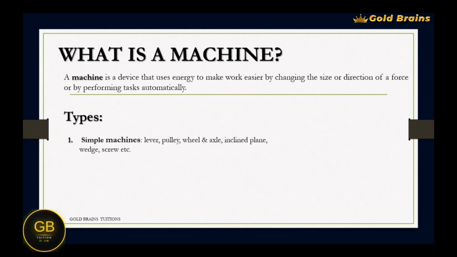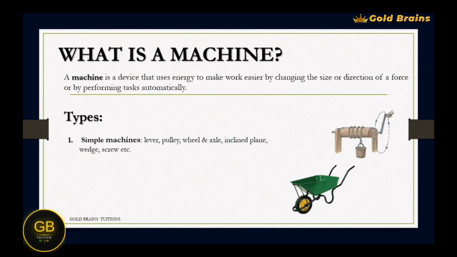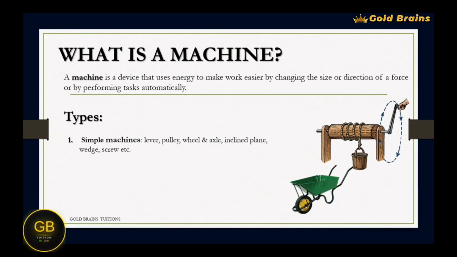And simple machines may include something like this: a lever, a pulley, wheel and axle, an inclined plane, a wedge, or a screw. These are just basic devices with few or no moving parts. Simple machines, right? Good.